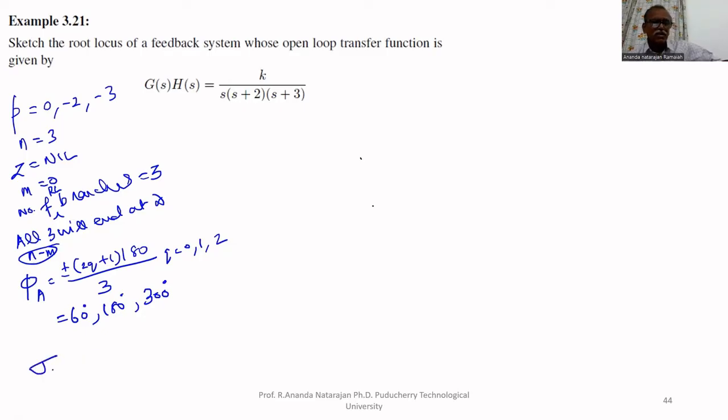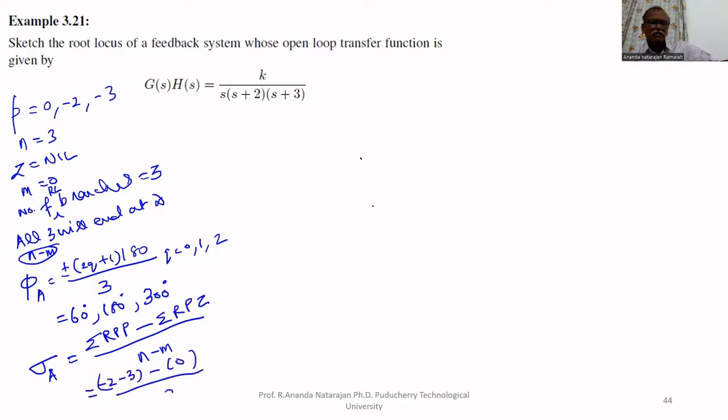The asymptotes are meeting at centroid sigma a, that is equal to sum of real parts of poles minus sum of real parts of zeros divided by n minus m. That is, sum of real parts of poles equal to what? Minus 2 minus 3 minus 0 divided by 3.